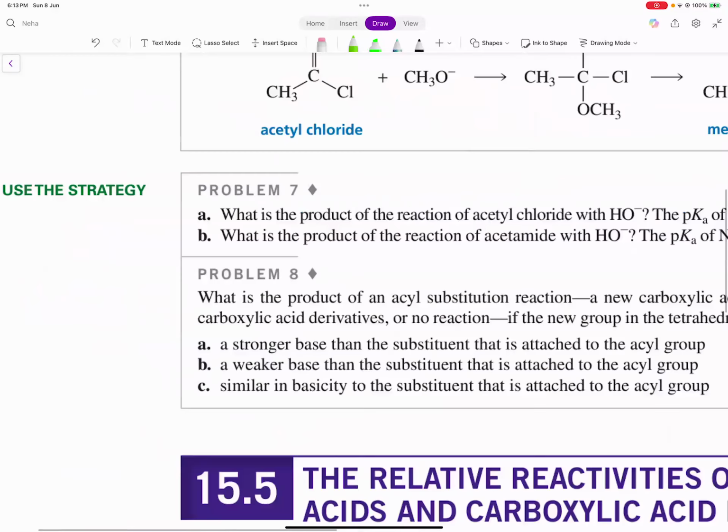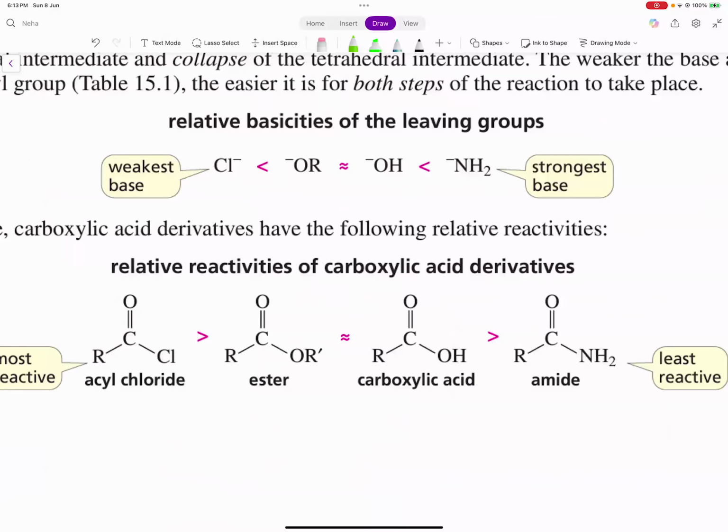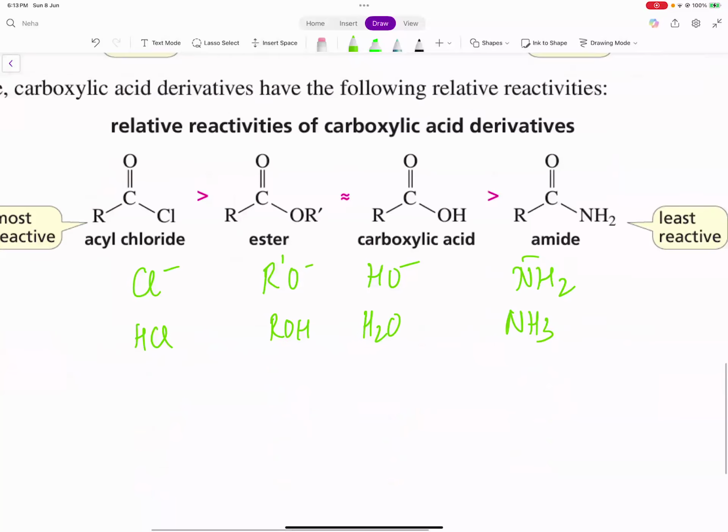Now the relative reactivities. Obviously, we compare the basicities of the leaving groups. Here the leaving group is Cl minus, here R'O minus, here HO minus, here NH2 minus. Then I consider HCl, ROH, H2O, and NH3. What is the order of acidity?